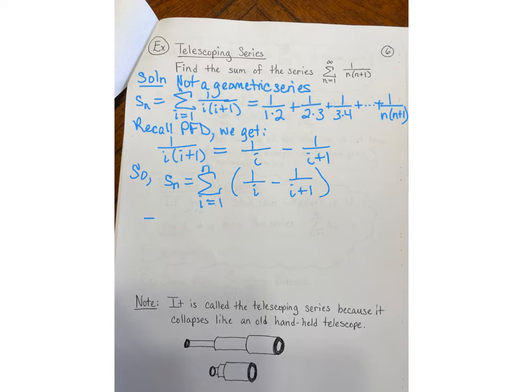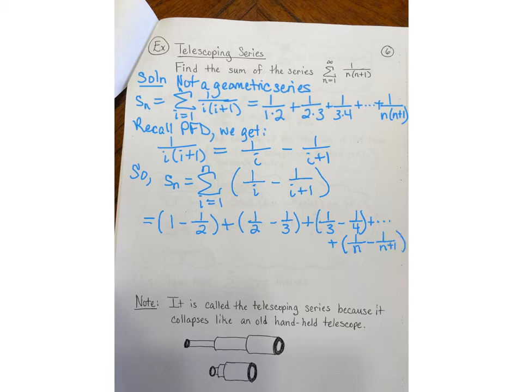Now if we expand it, when i is equal to 1, we get 1 minus 1/2. When i is equal to 2, you get 1/2 minus 1/3. Then when i is equal to 3, you get 1/3 minus 1/4. And you keep expanding until you get to your last term: plus 1 over n minus 1 over n plus 1.